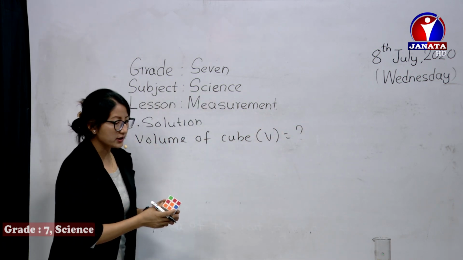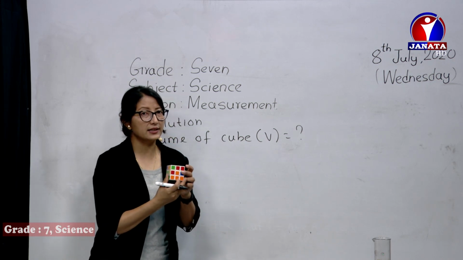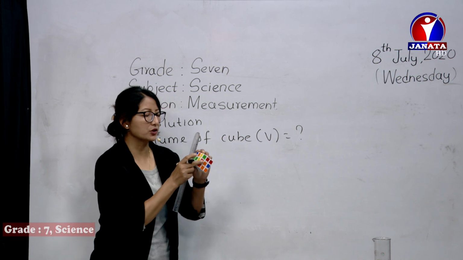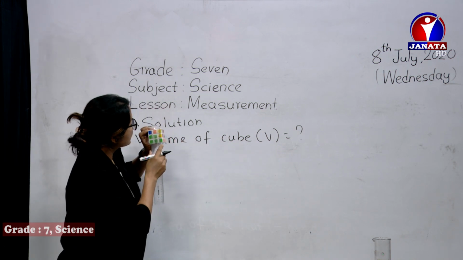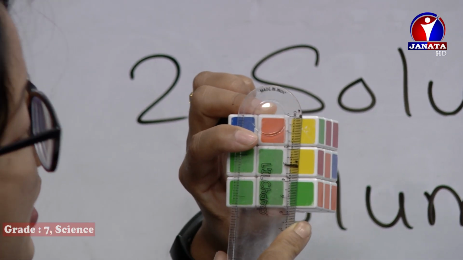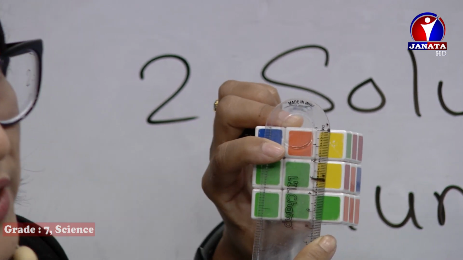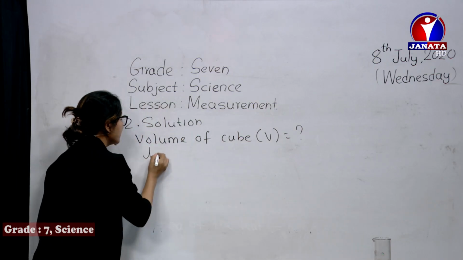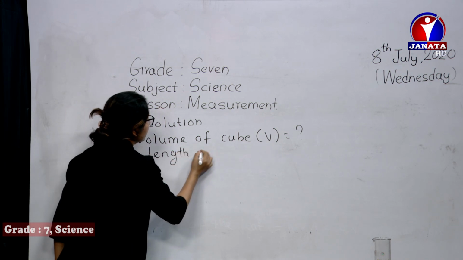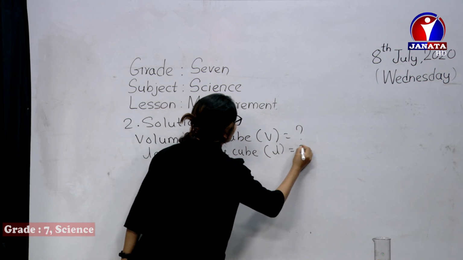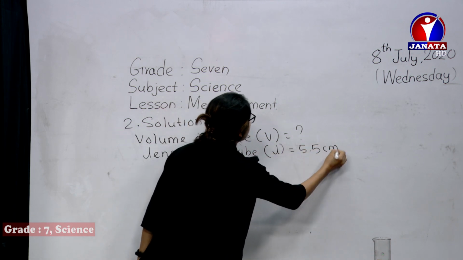For this, we have to measure the length of this cube. While measuring, I'll keep it here. Its length is exactly 5.5 centimeters. So the length of the cube is 5.5 centimeter.